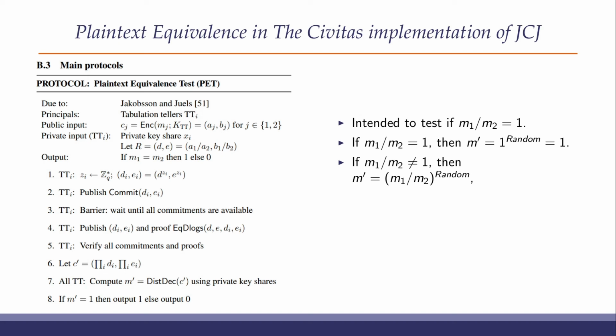And then we're going to decrypt the result. If the two messages are the same, we're going to get 1 to a random value, which is going to be 1. If the two messages are different and at least one participant has honestly contributed real randomness, then we're going to get something that's not 1 raised to some random power, which is extremely unlikely to be 1.